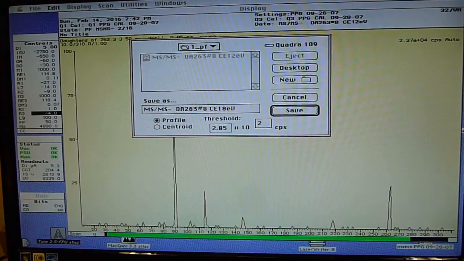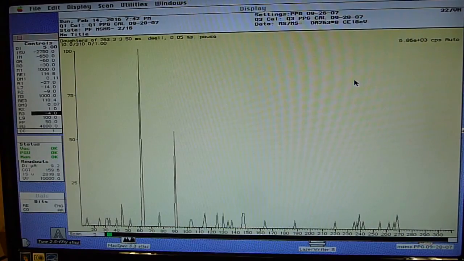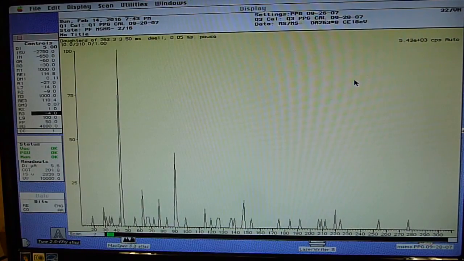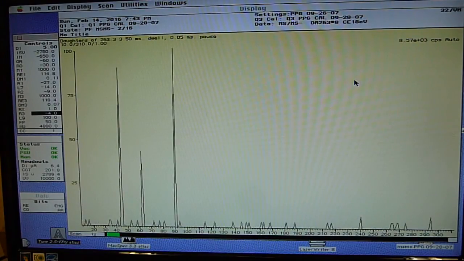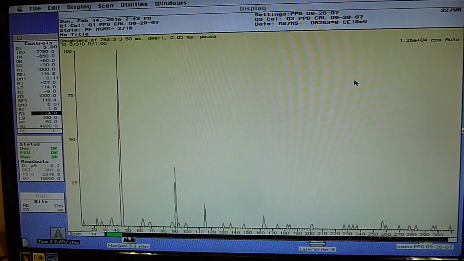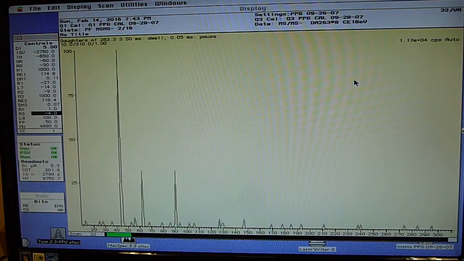Let me load the syringe and inject and start the save. It takes a while for the sample to make its way from the injection valve to the electrospray needle, and when it does, the count should start to increase significantly.